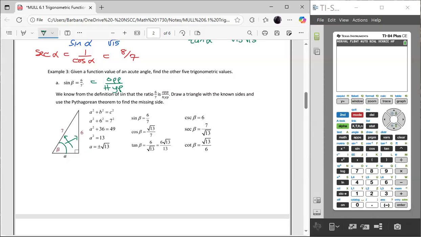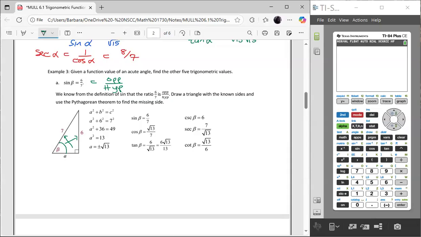And so we can use the Pythagorean theorem to find the other side, to find A. And so we have 7 squared minus 6 squared equals A squared. A squared is equal to 49 minus 36, which is 13.